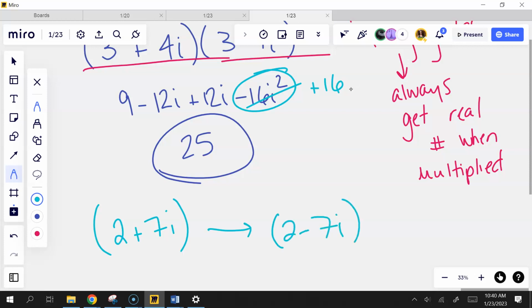The only thing that changes is the middle sign. That's it. Does that make sense? All right, so if you take a complex number and you change the sign in the middle only, that's a conjugate. And when you multiply conjugates, you just get a real number, no more i's.